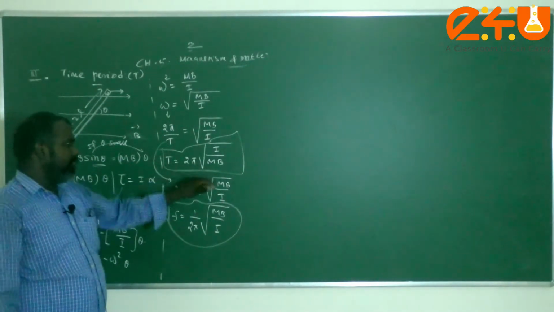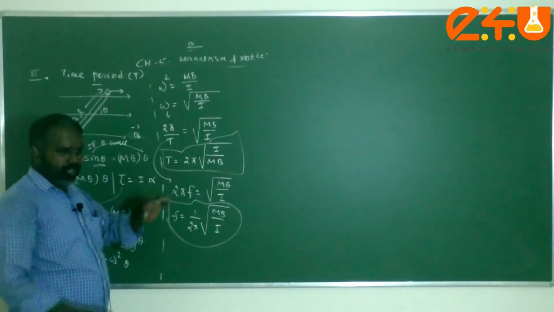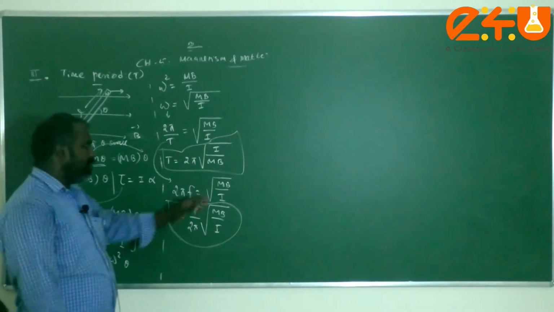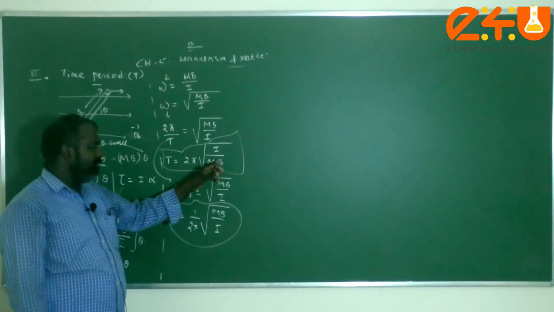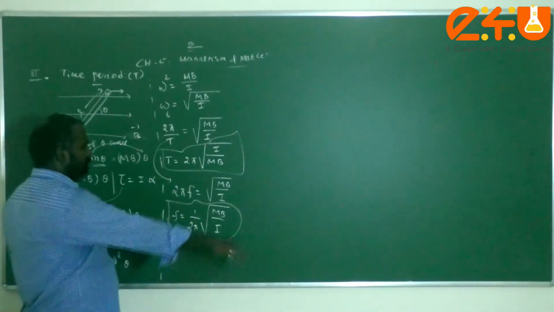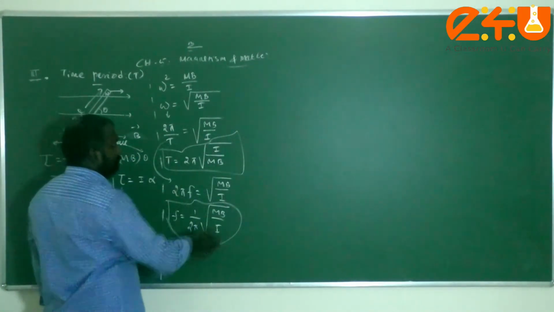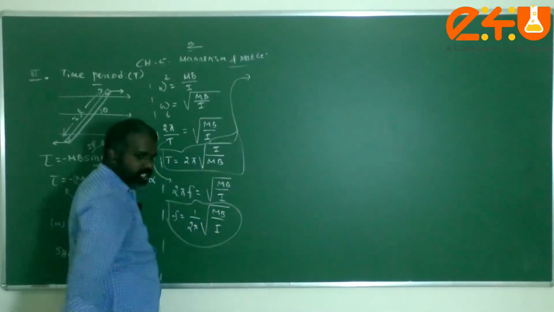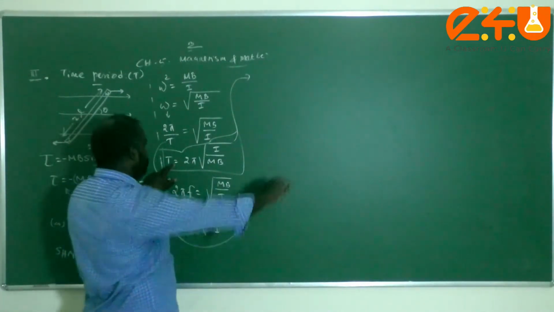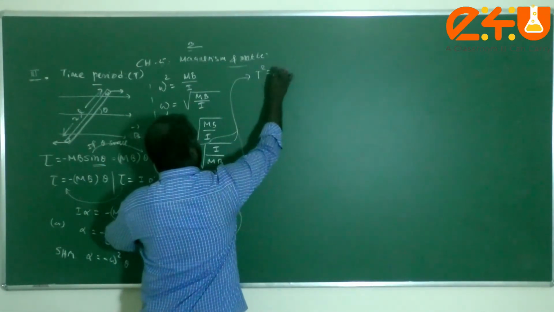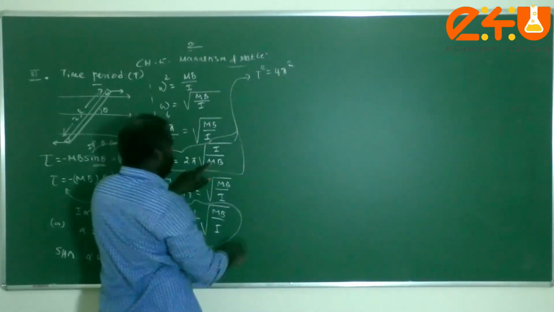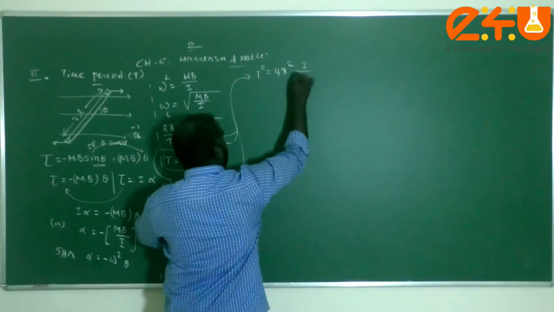From this, how to find? If I know the time period of a magnetic dipole, then how can we find the value of the magnetic field? Just square this equation. By squaring this expression, I get T squared equals 4 pi squared I divided by MB.